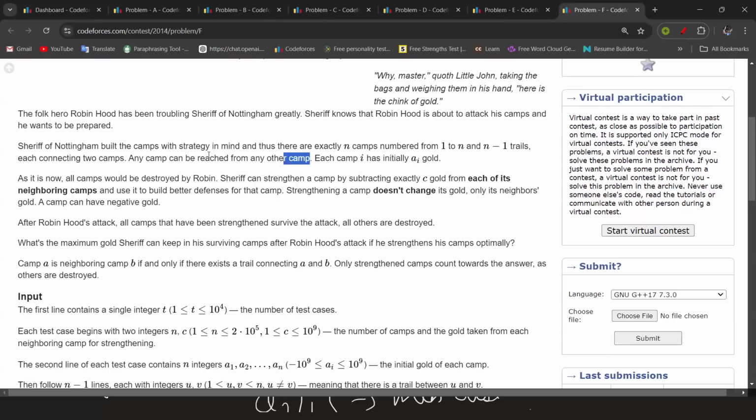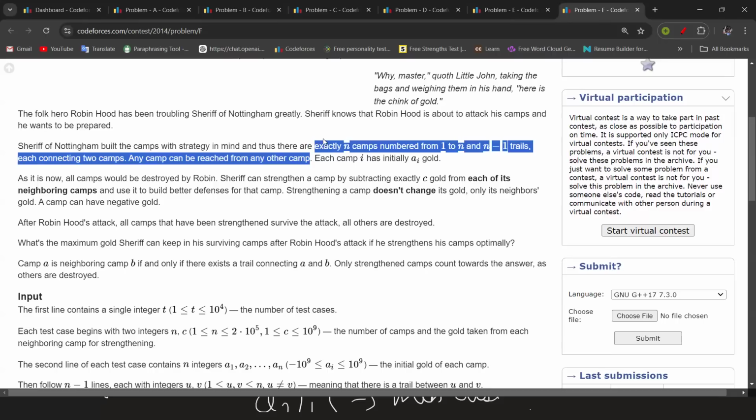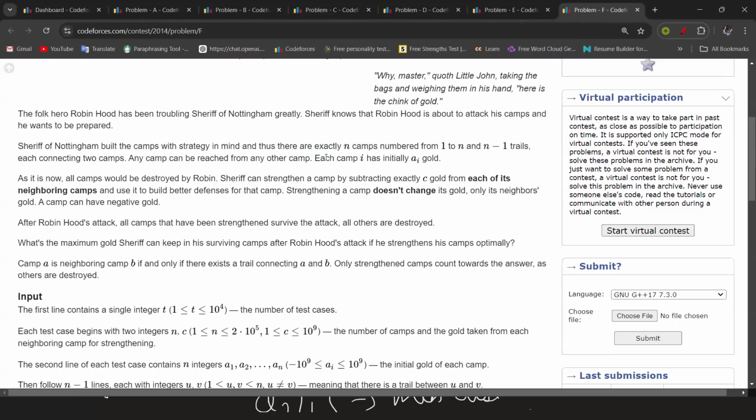So with these sentences, what you can understand is we are given a tree basically. So how did I get to that conclusion? Because we have n vertices and n minus 1 trails, these are edges. So n vertices and n minus 1 edges, and any camp can be reached from any other camp. These things can only happen in a tree. So if this line was not given, then you cannot confirm that it is a tree.